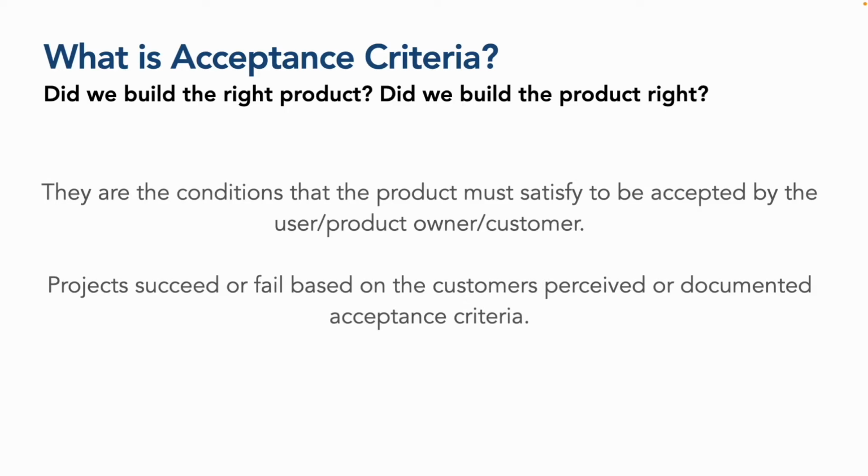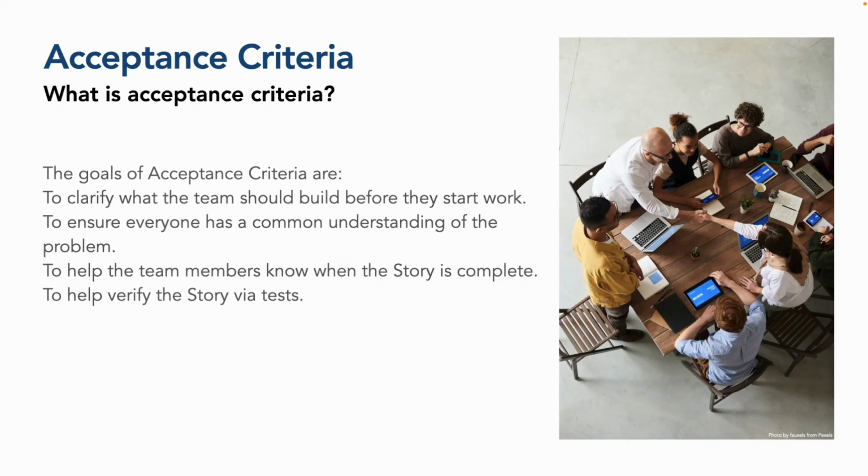So it's really, really critical that that is very clear and that communication flows easily between the customers and the stakeholders, the product owner and the team that has to deliver it. So really the goal of acceptance criteria is to clarify what the team should build before they start the work. And it's really to ensure that everyone has a common understanding of the problem.